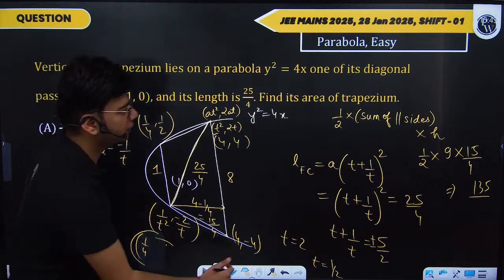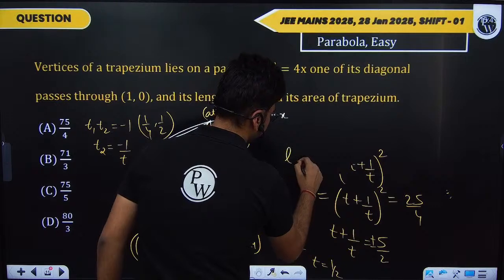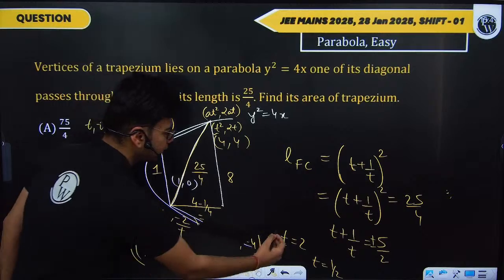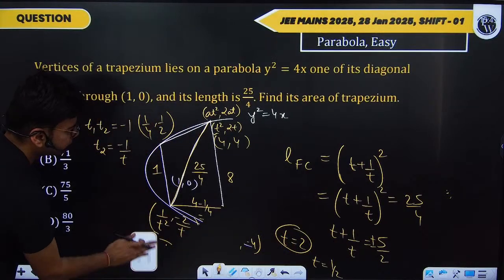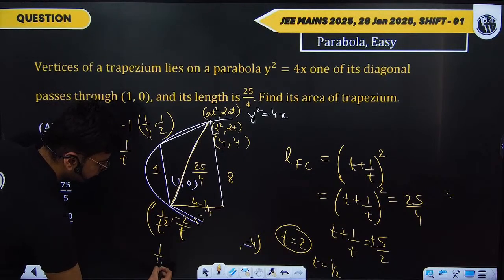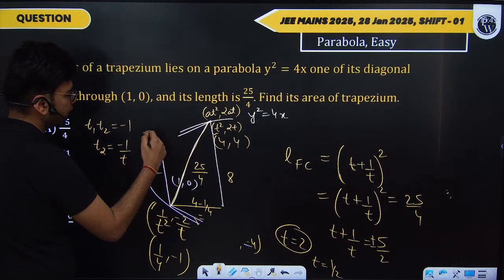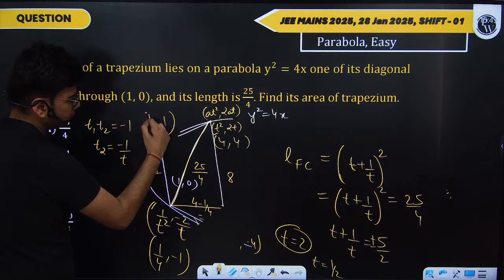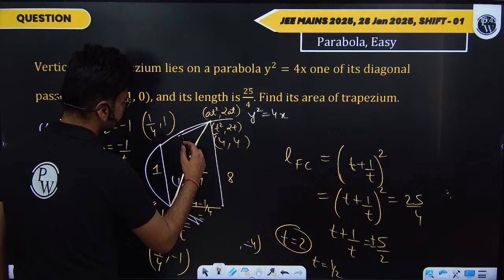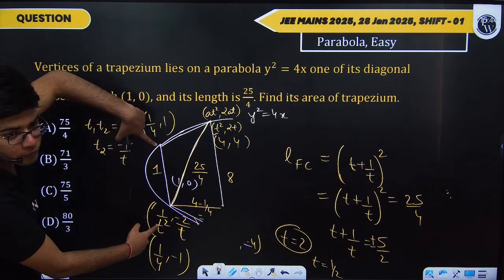My bad. So the length of the focal chord is coming out as (t plus 1 by t) whole square. Since t is 2, the coordinates of this point are coming out as (1/4, -1). And this point will come out as (1/4, 1). Now it is correct. So now this distance will be 2.